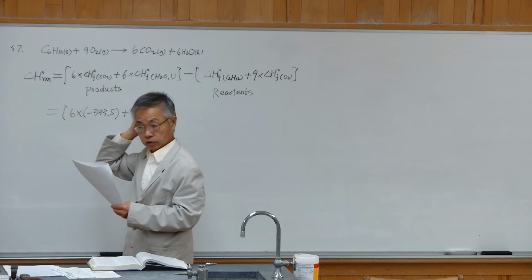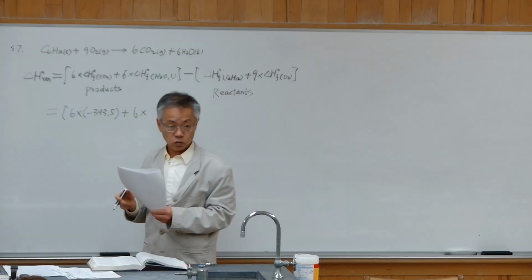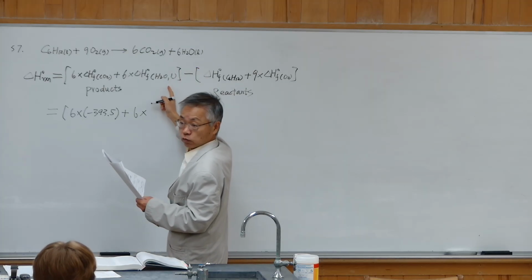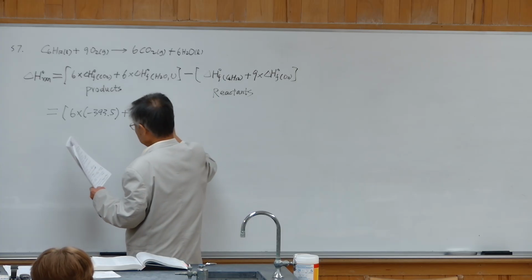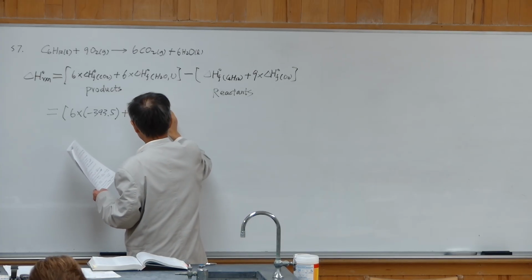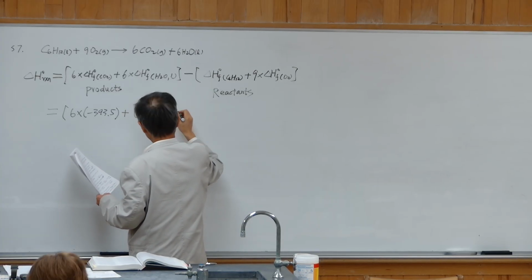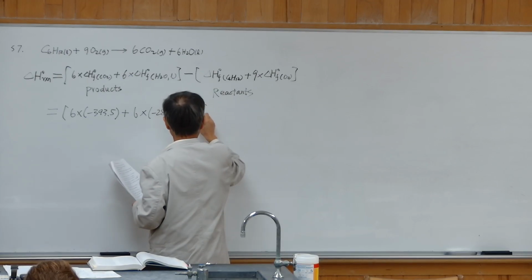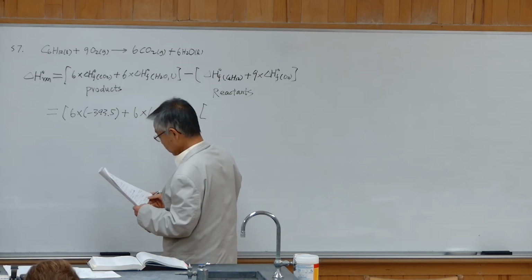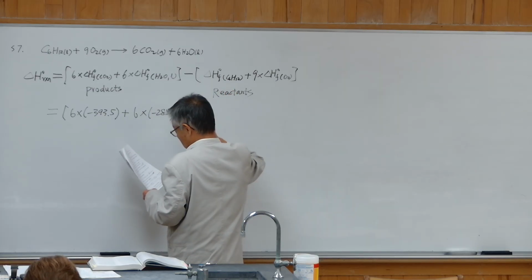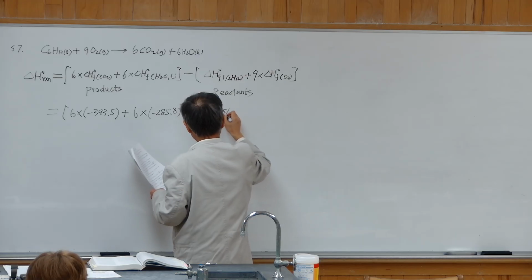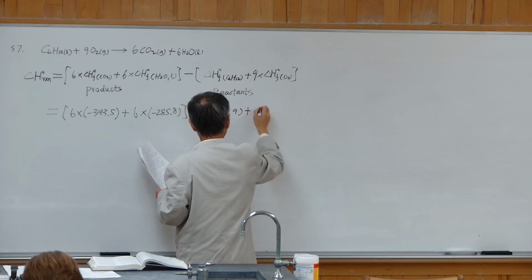Water listed in the table, you have liquid water and gas water. Be careful here, it's liquid water, so you need to use the value for liquid water. Liquid water is negative 285.8. This is the product. Then the reactant, C6H12O6, standard enthalpy of formation negative 151.9.